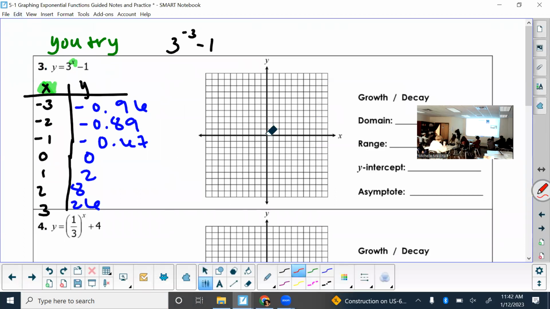So then if I graph -3, down almost -1, it would be there. -2, down almost -1, would be there. -1, down almost -1, would be there. 0, 0. 1, 2. 2, 8.